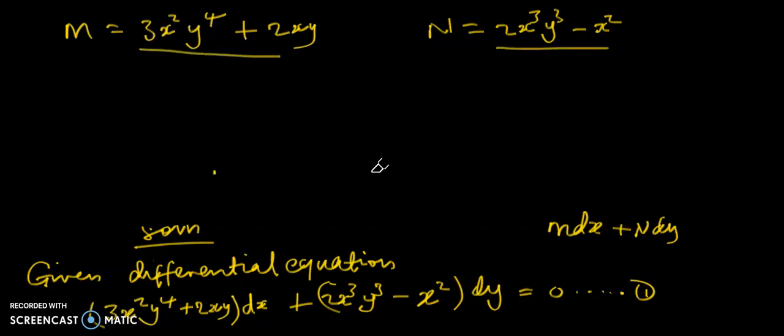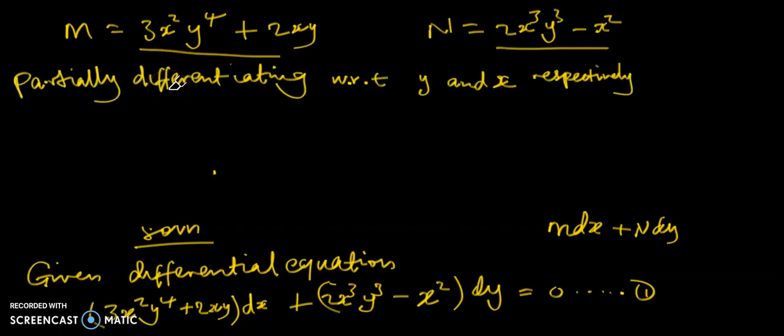So now we are going to partially differentiate with respect to y and x. Let's have that down as well. So if we partially differentiate, del M by del y, we partially differentiate this with respect to y.